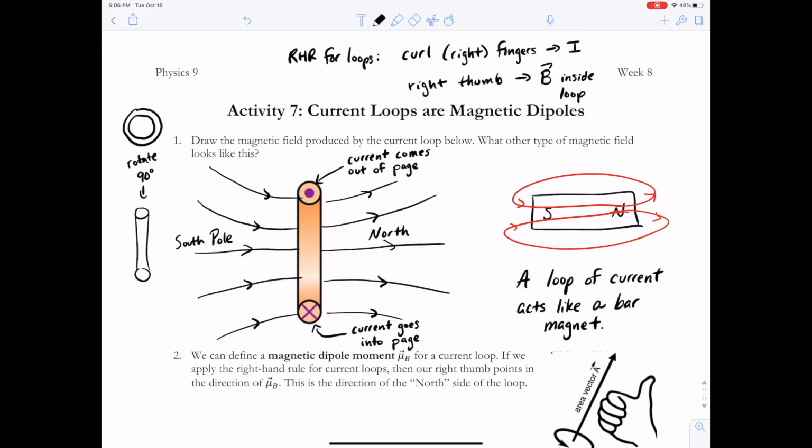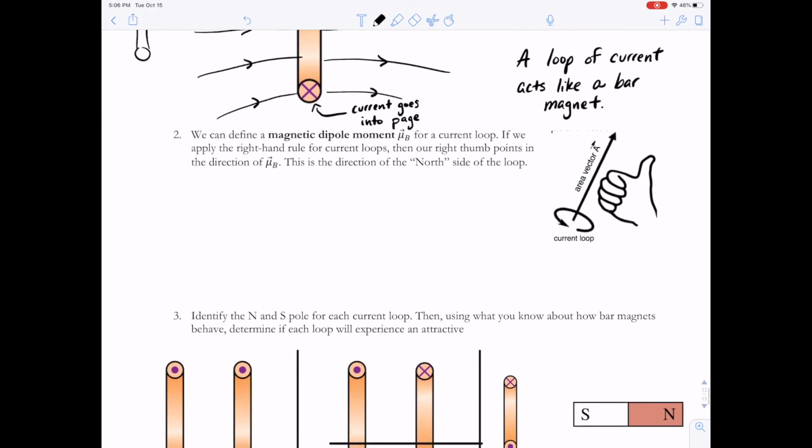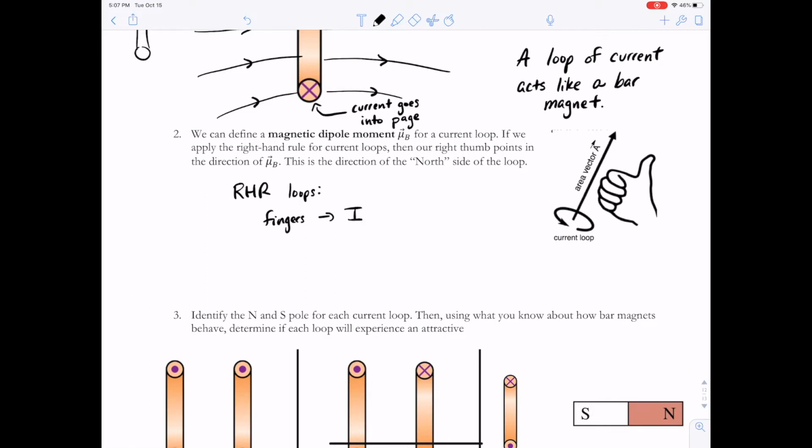To determine which side of the loop is the north side, we can use our right-hand rule. Our right-hand rule for loops says to curl our fingers in the direction of the current, and then our thumb is in the direction of the magnetic field inside the loop, and we can add on to this, our thumb actually points on the side of the loop that is north.